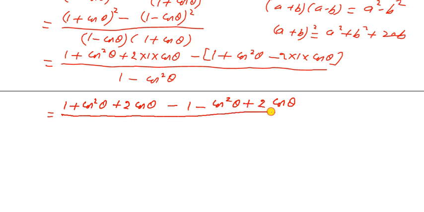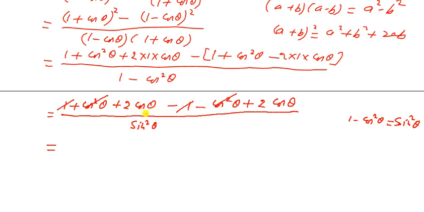So it is plus 2 cos theta, divided by, as you know, 1 minus cos square theta, that is sin square theta.